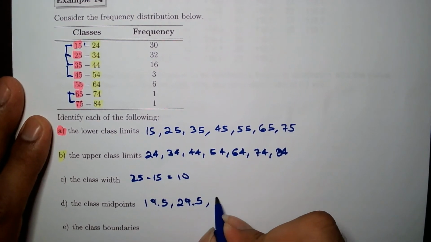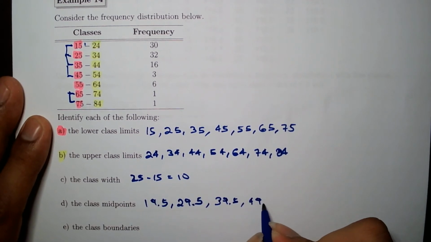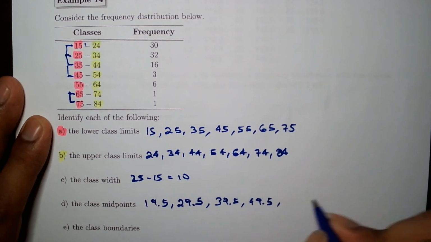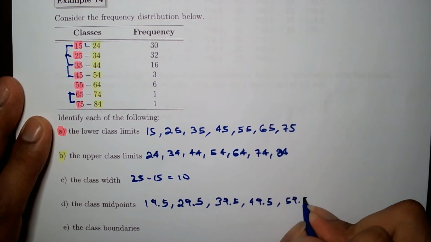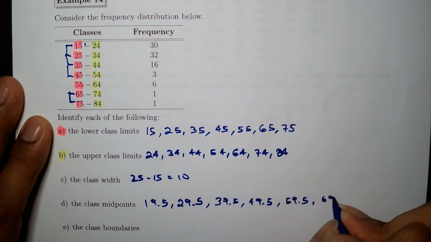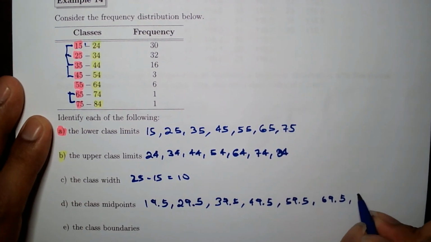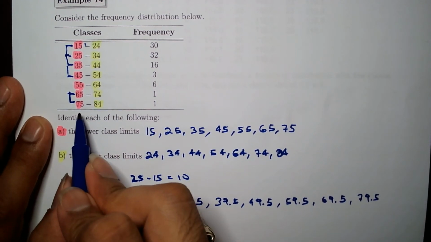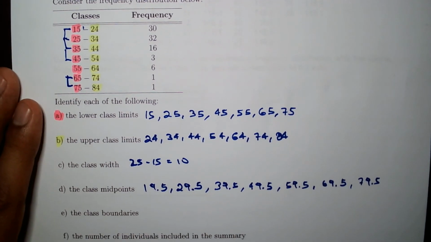That is, add 10, so that's 39.5, 49.5, 59.5, 69.5, and then there's one more, 79.5. Of course, we're not going to go to 89.5 because we don't have that class. So you can do that.